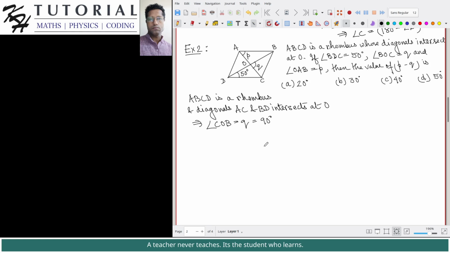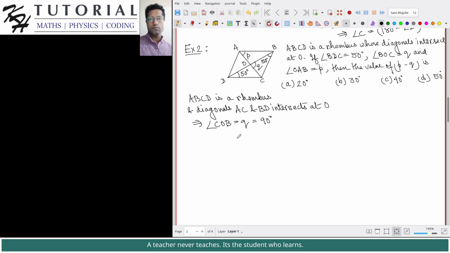Okay. And just from the example of the previous problem, we can also say that this angle will be 50 degrees. This angle will be 50 degrees. Now this problem can be solved in various ways.